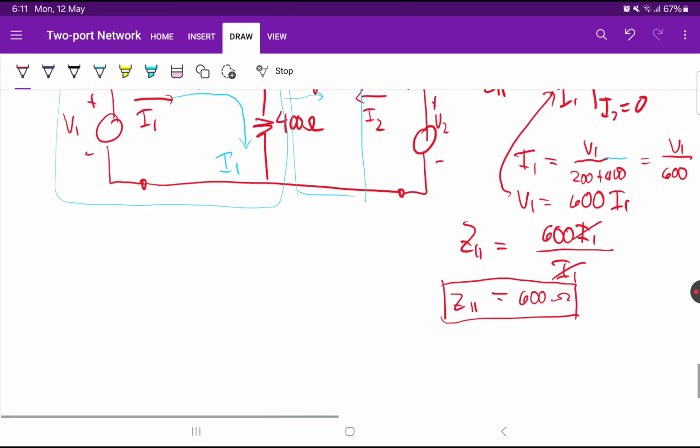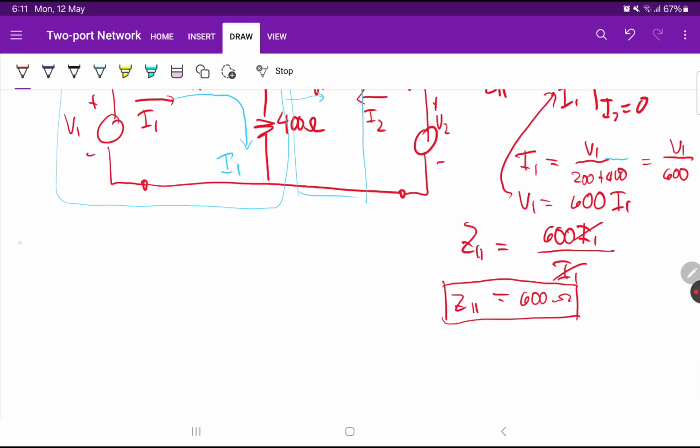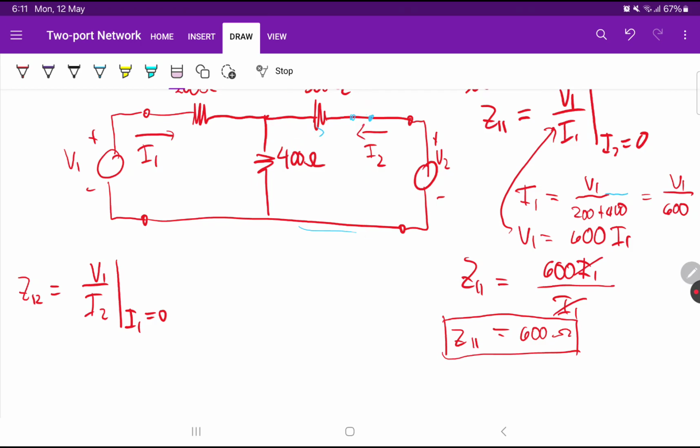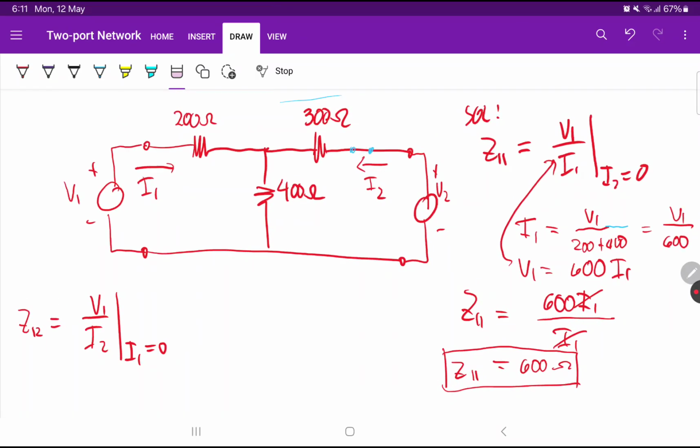Now for the second one, Z12. If we solve for Z12, the formula will be V1 divided by I2. So this time we'll be making I1 equal to 0. So if we go back again to our circuit diagram here, this time we'll be making I1 equal to 0.